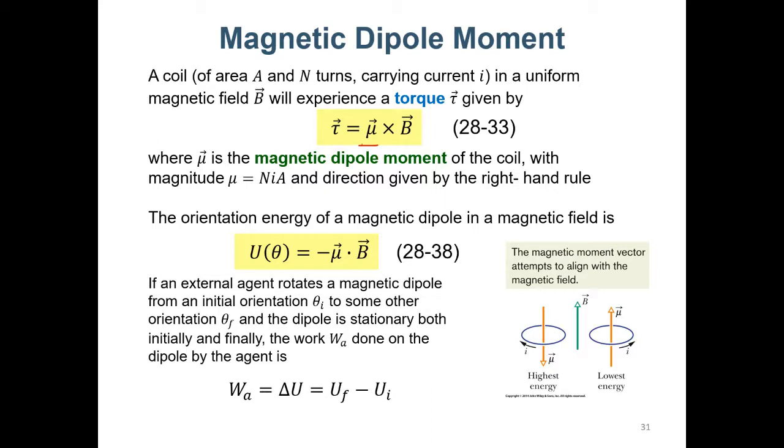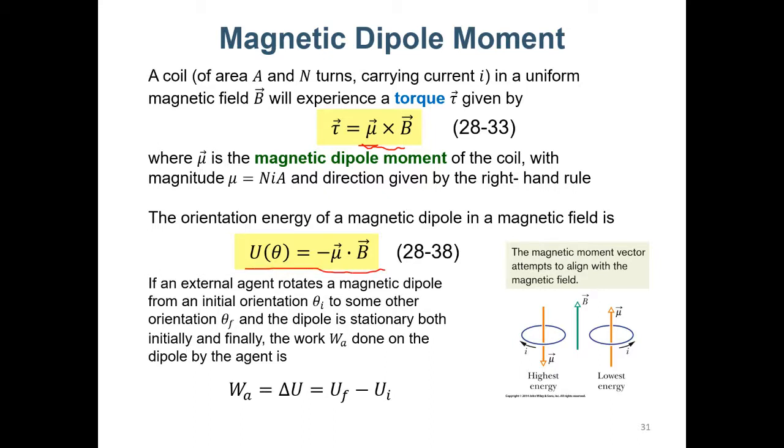They have a similar equation. The torque is the dipole moment, no matter magnetic or electric, cross with the magnetic field or the electric field, and the form for the energy is similar.